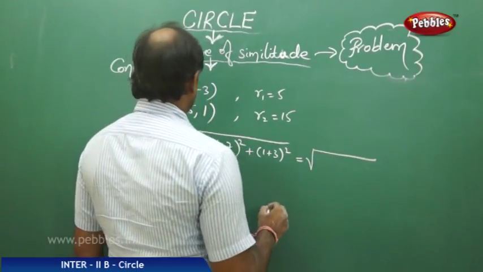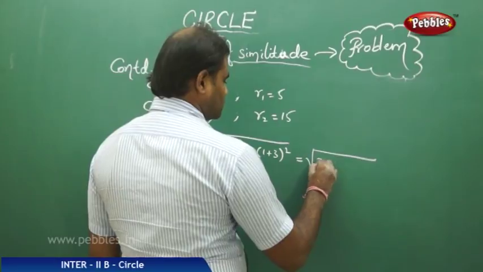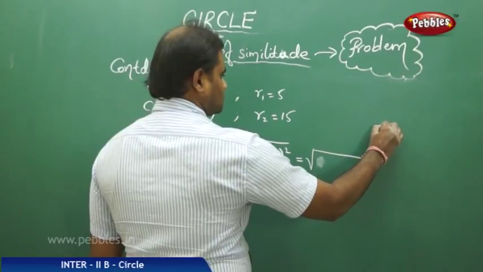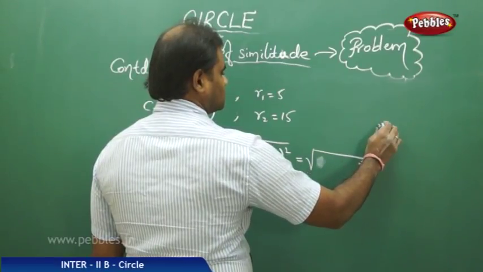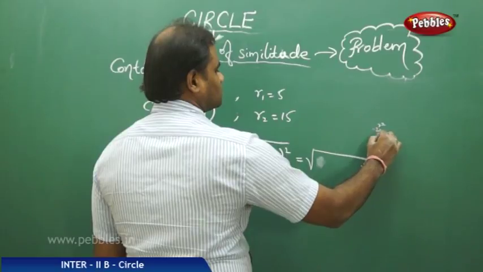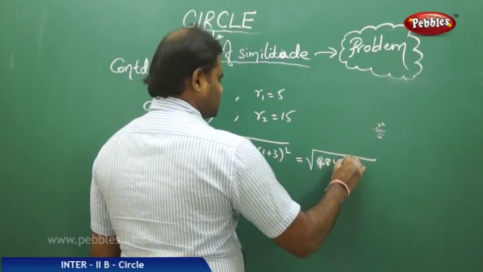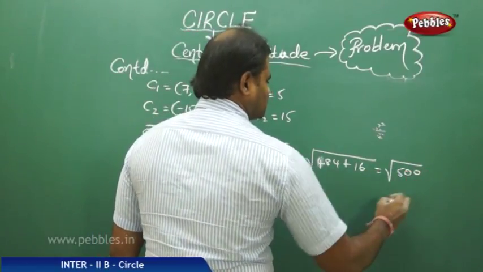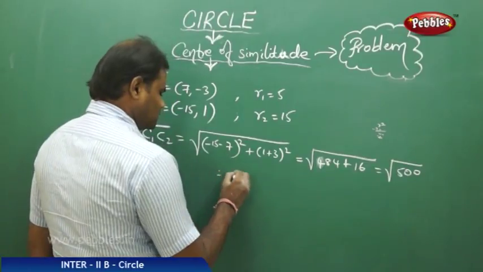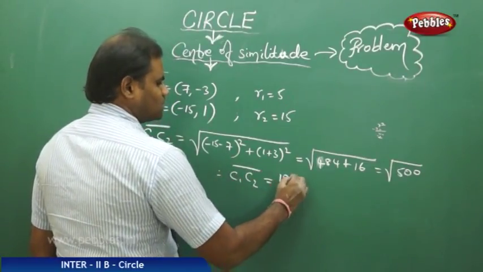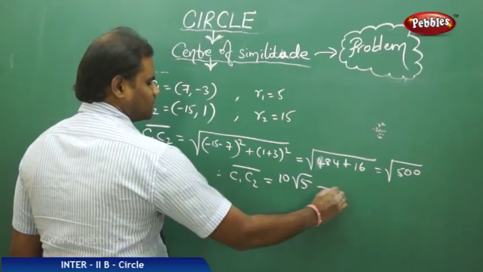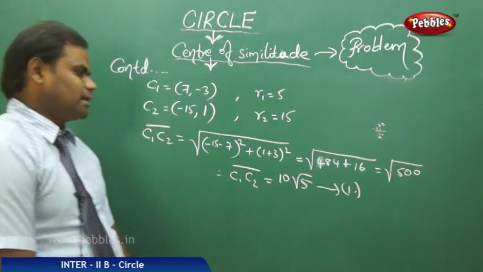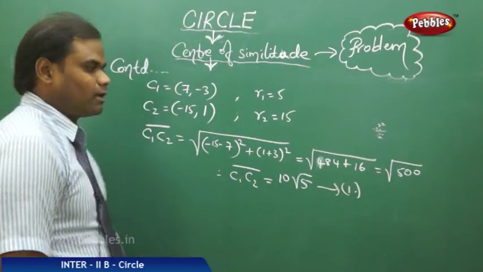That gives root of 22 squared plus 4 squared, which is 484 plus 16, which is root 500. Therefore the C1C2 distance is root 500, that is 10 root 5.